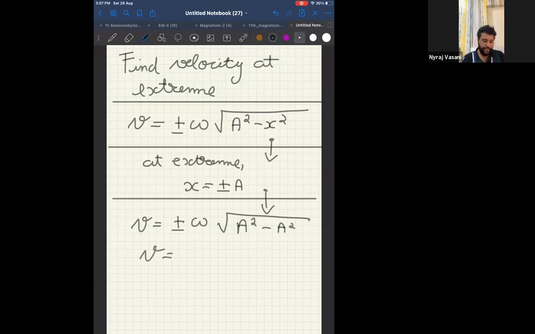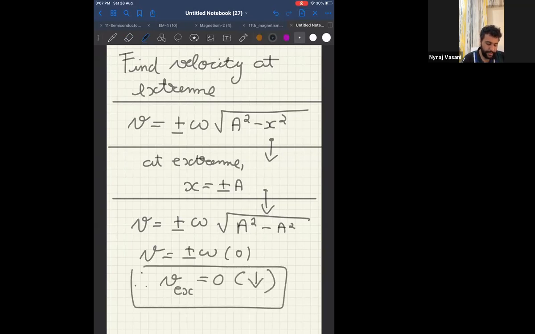Therefore, can I say v is equal to plus or minus omega into 0? Therefore, velocity at extreme is 0, which is minimum. You already knew this answer from our video, but mathematically we proved that velocity is 0. Okay, finish it.